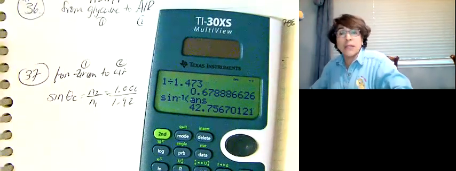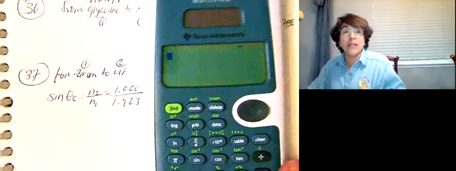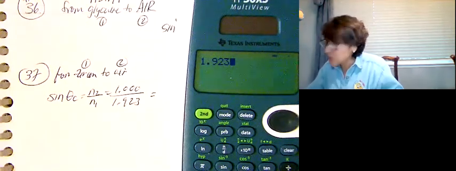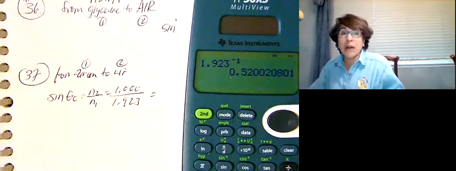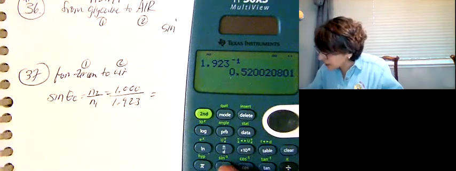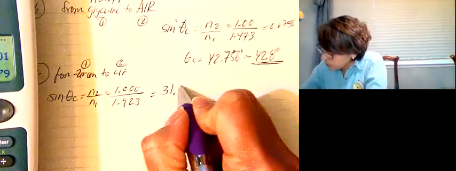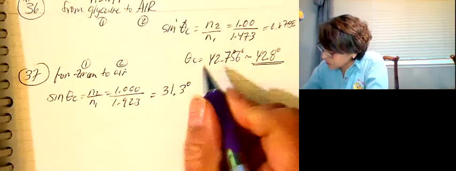Okay, so let's see what that is. This time I'm just going to take the inverse of 1.923, and now give me the arc sine of that. 31.3, so that's going to be 31.3 degrees. Well, what am I saying? The inverse is 0.52.